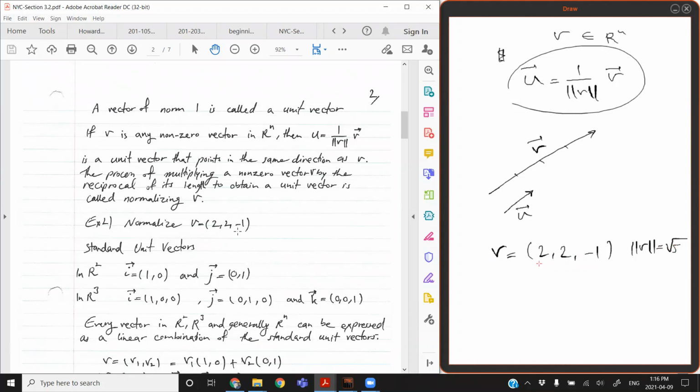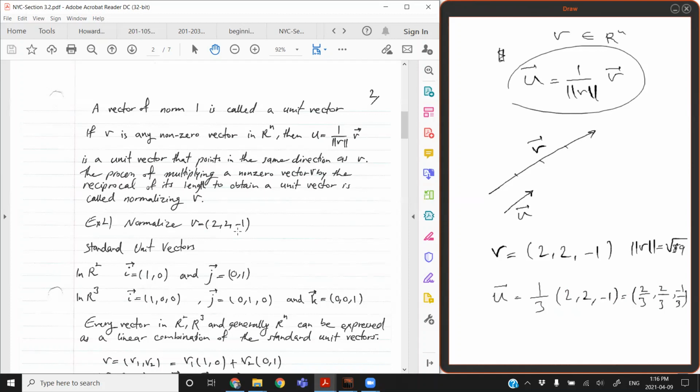No, 4, 4. It's going to be 9. Yes, because 2 squared is 4, 2 squared is 4, negative 1 squared is 1, 4 plus 1 is 9. So that unit vector is going to be 1 over root 9, which is 3, times (2, 2, -1). So it's going to be 2 over 3, 2 over 3, and minus 1 over 3.